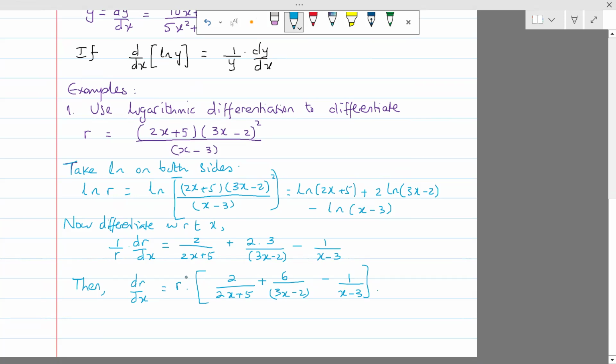Now you can also replace r as above and further simplify. But this is the answer. If you want to further simplify, you just replace r as above.